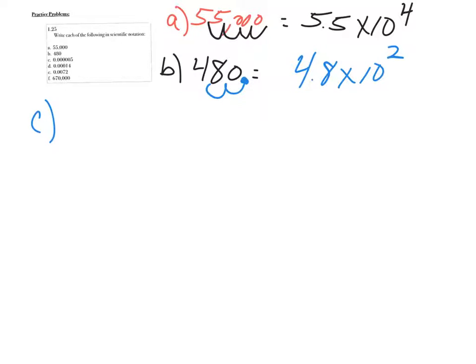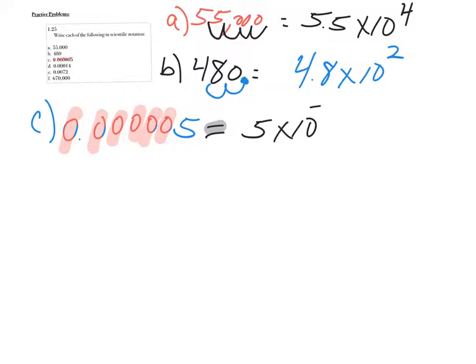Problem C here, 0.000005. I believe there were 6 zeros. Let's count them. 1, 2, 3, 4, 5, 6. All right, so we got that right. Since there are 6 zeros, this becomes 5 times 10 to the negative sixth.